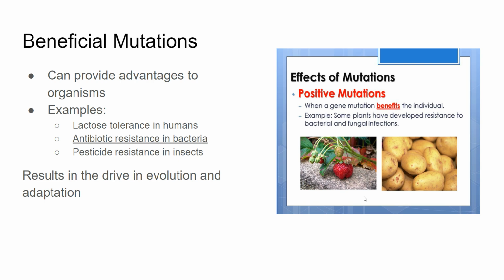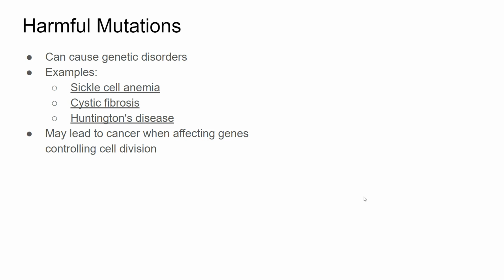So, for example, if you're a human and you experience a bacterial infection, harmful bacteria that's taken over your body, you wouldn't want antibiotic resistant bacteria in your body system because it will be hard to treat that bacteria, because they are naturally resistant to the commonly used antibiotics used to treat bacteria. So, like I said, it benefits the population of bacteria, but it doesn't benefit the host. And also pesticide resistance in insects.